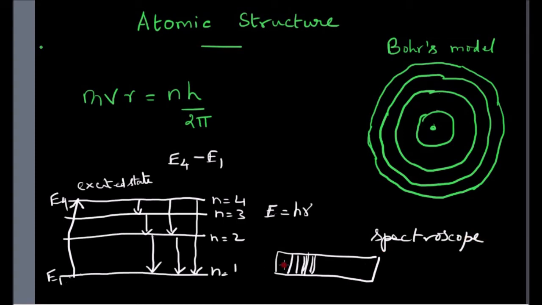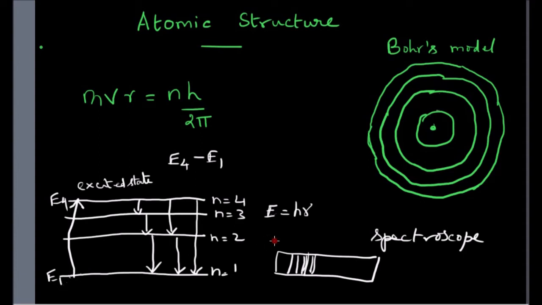The set of lines that you see as bright lines in a dark background in a spectroscope is called the emission spectrum. Each element has its own emission spectrum. Whatever be the method in which it is prepared, or whatever be the source from which it is obtained, an element will give the same lines at the same frequencies. So it is almost like the fingerprint of an element.